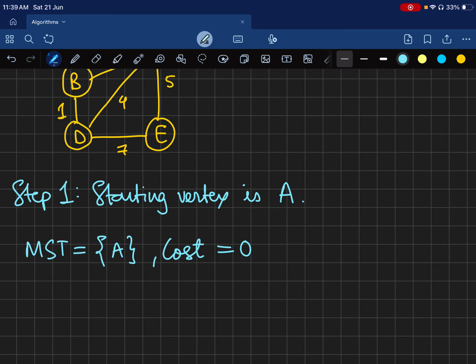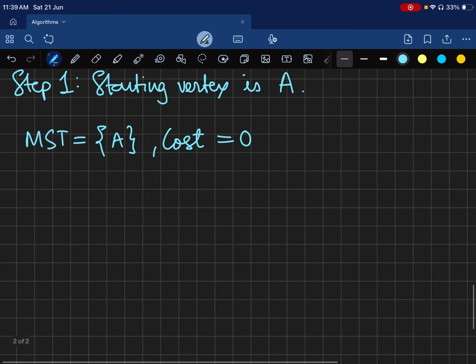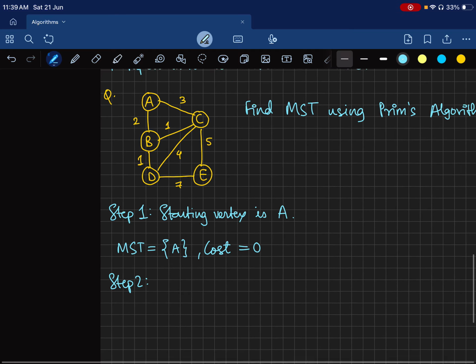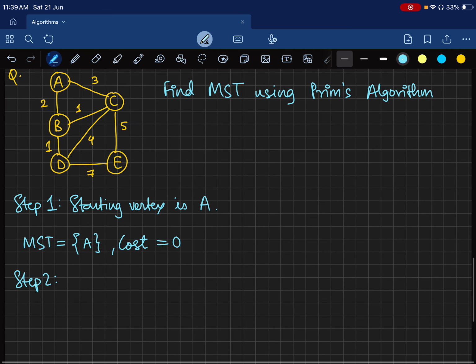Now let's take the edges from A. We'll be repeating step 2 until all the edges are covered. What are the edges from A? From A, we have two edges, AC, which is 3, and AB, which is 2.